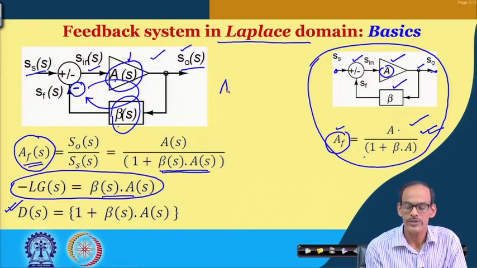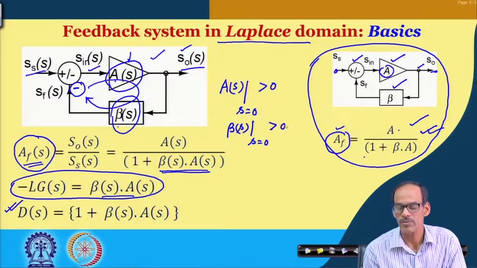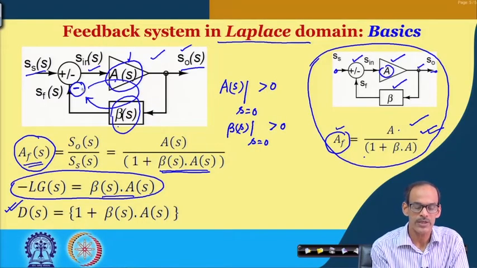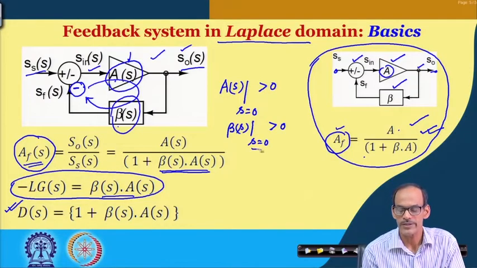We also assume that A at s equals 0 frequency is positive, and likewise beta at s equals 0 is also positive, and this negative sign indicates that under DC condition, which means s equal to 0, the system is a negative feedback system and the system is stable.